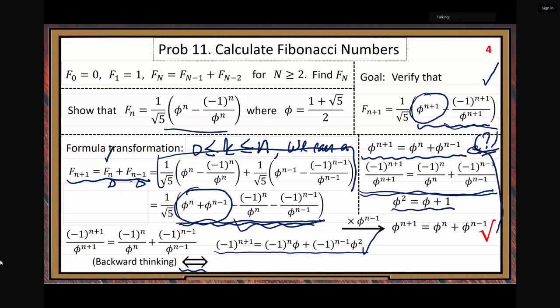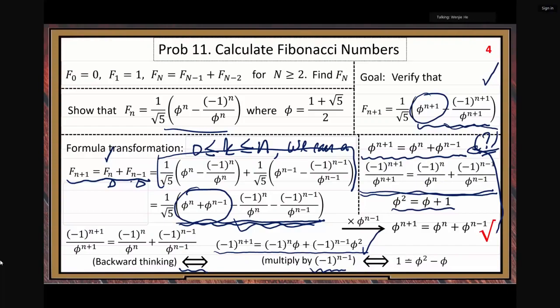To do that, we multiply both sides by -1 to the n minus 1, the appropriate power function. Then when we multiply the left-hand side, because the exponent becomes an even number, -1 to some even number is +1.